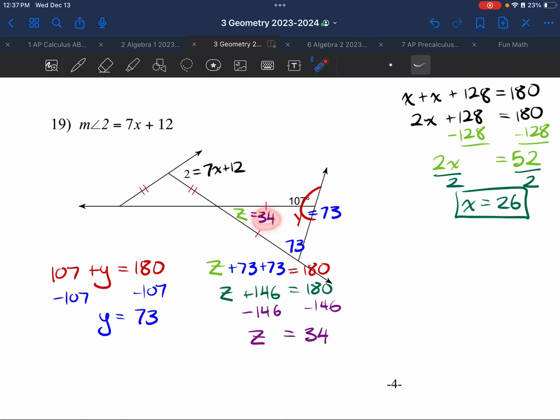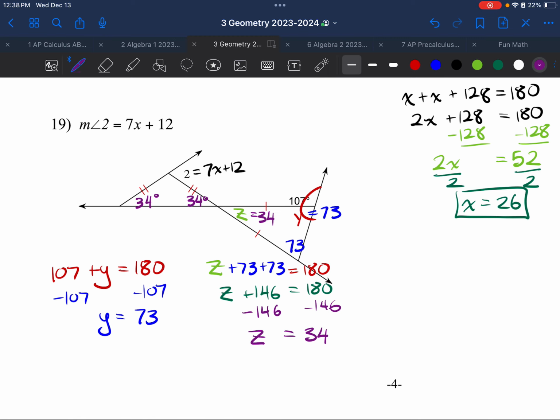So this is equal to 34 degrees. Because this angle is 34 degrees, by vertical angles, this angle over here is also congruent and equal to 34 degrees. Because we have a triangle right here that is isosceles with these two tick marks, these base angles must be congruent. Therefore, this angle over here is 34 degrees. That's 34 degrees, not 340.